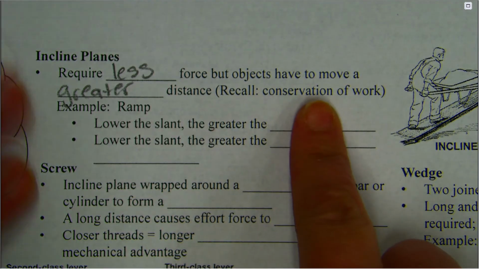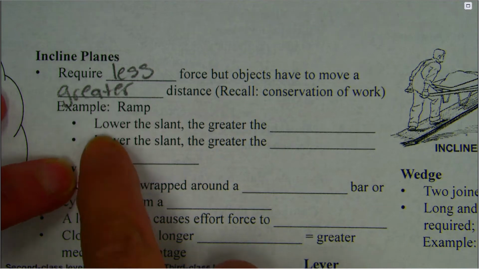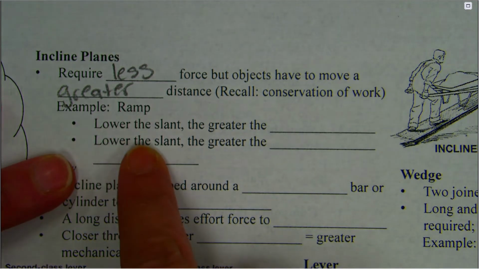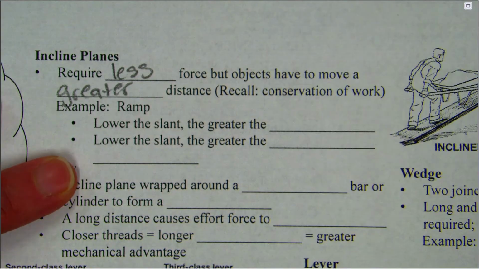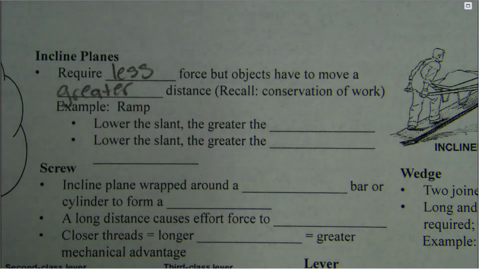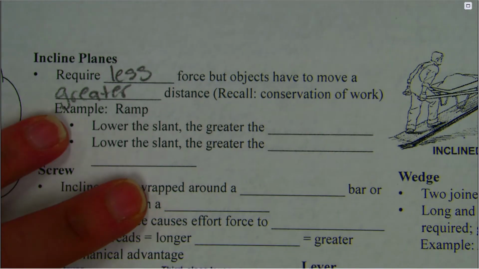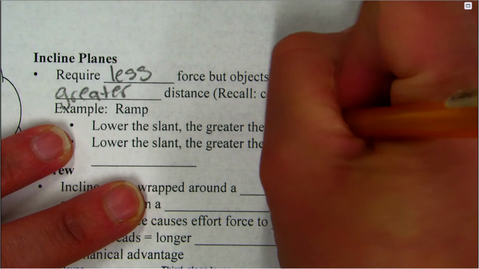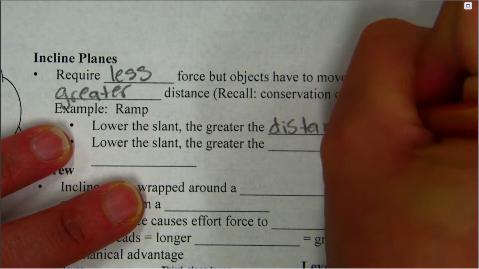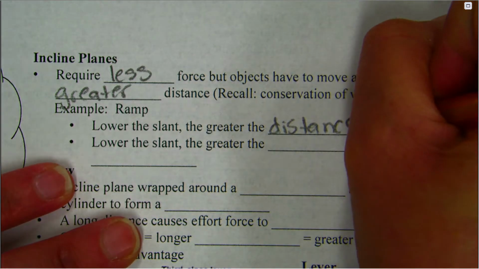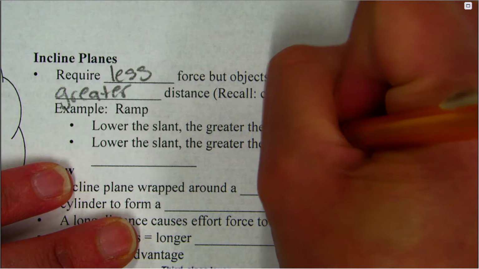For example, a ramp. The lower the slant, the greater the distance. The lower the slant, the greater the mechanical advantage.